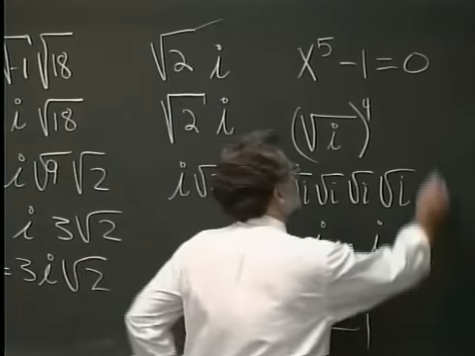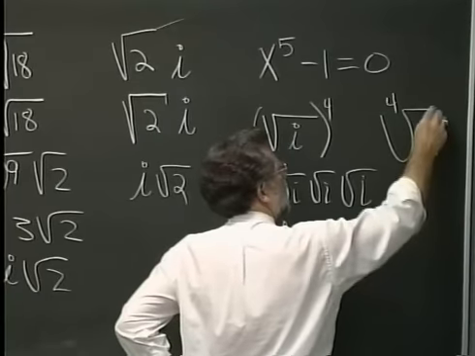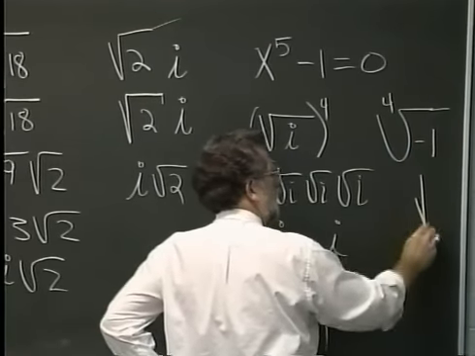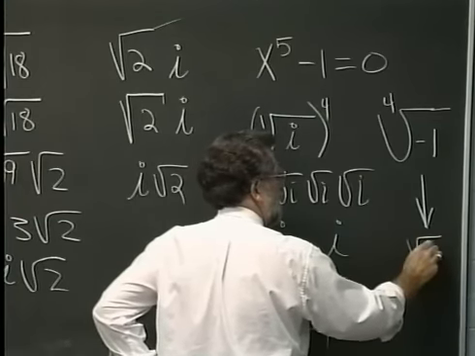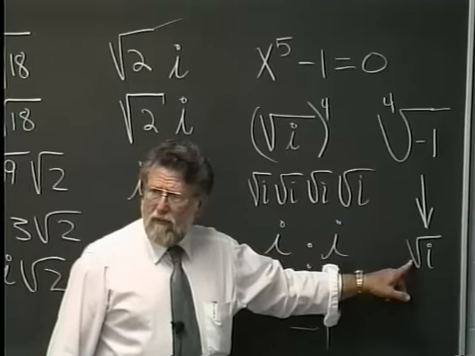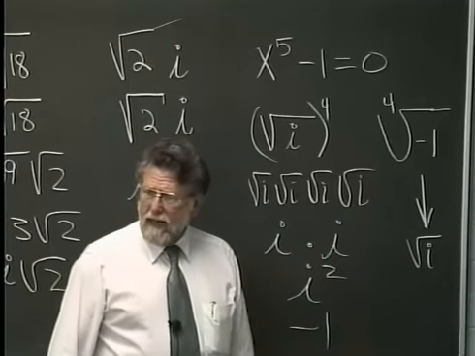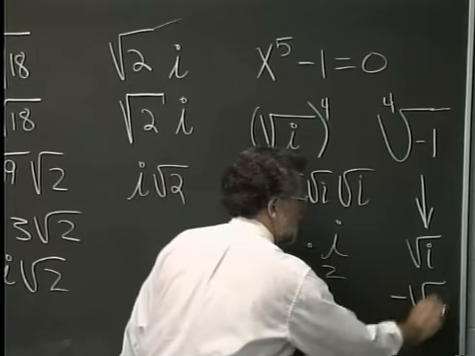So what I'm saying is, if I take the 4th root of negative 1, one of those values is the square root of i, because when I take that to the 4th power, I get negative 1. By the way, another one is minus the square root of i.